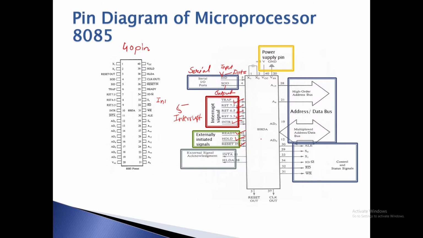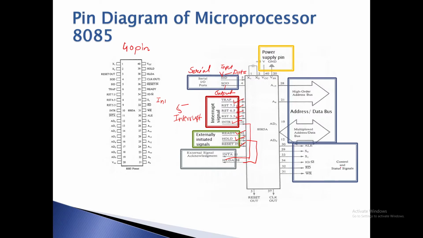Like when INTR, the interrupt signal, is provided, the 8085 provides its acknowledgement through INTA, the interrupt acknowledgement signal. Similarly, when the hold signal is provided to the 8085, it is acknowledged through the hold acknowledgement HLDA. So these two are acknowledgement signals.